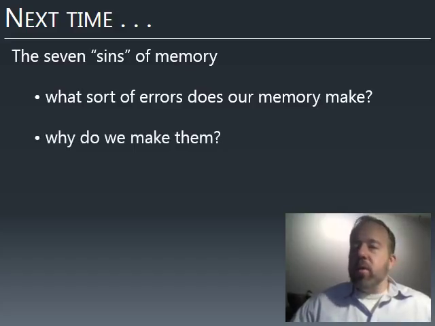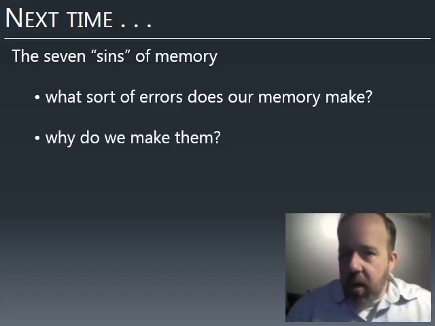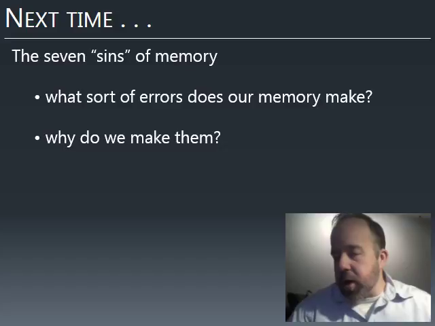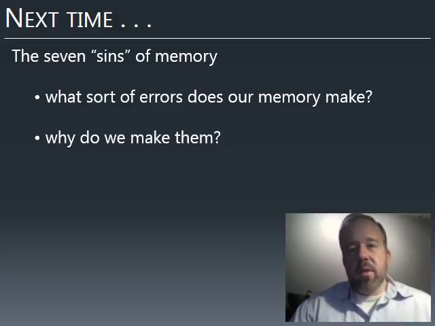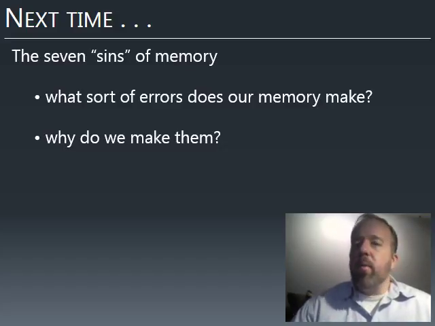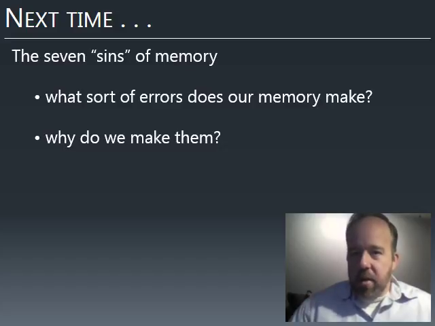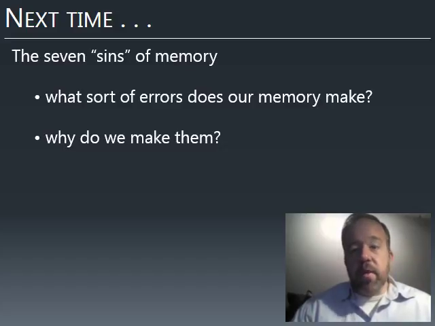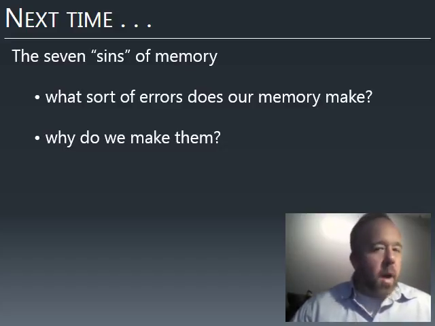And why do we make those particular mistakes? Sometimes the answer is because those sorts of mistakes are helpful in certain ways. They may seem inconvenient sometimes, but most of the time it's a good thing that we have this particular feature of our memory. Sometimes it's just that our brains are limited in their capacity, especially when it comes to things like attention.